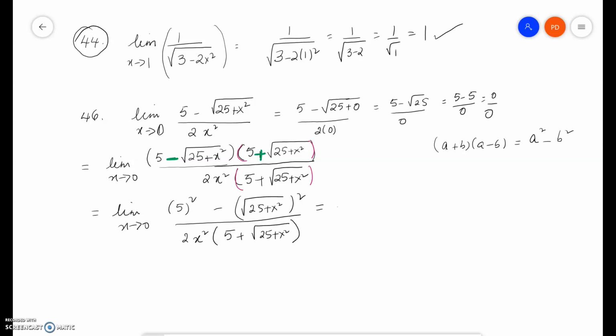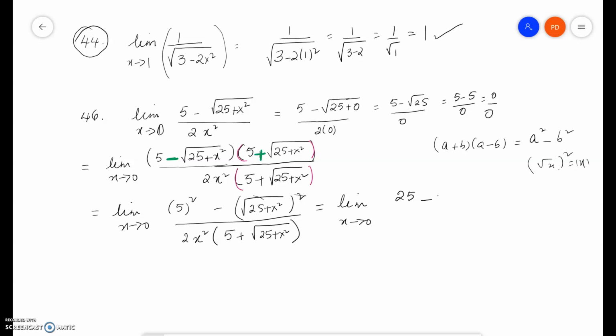Now this is equal to the limit as x approaches 0 of 5 squared, which is 25, minus, remember the square and the radical: if you have radical x the whole squared, it's equal to x. That's really the absolute value of x, but if we know x is positive, just leave it as x.